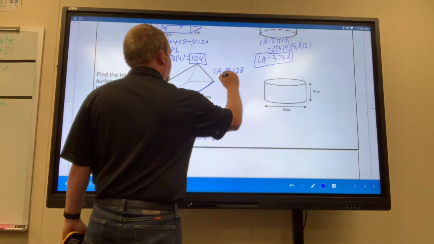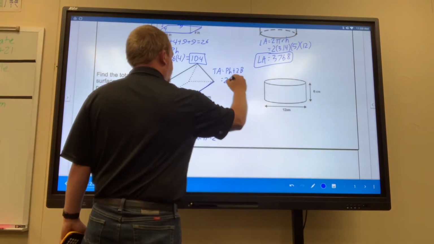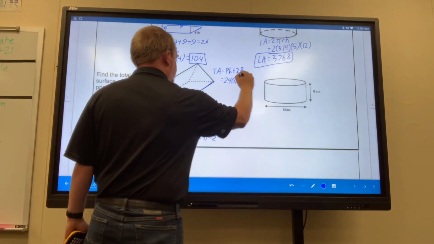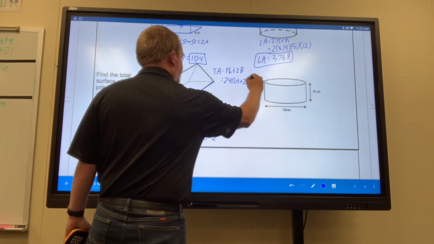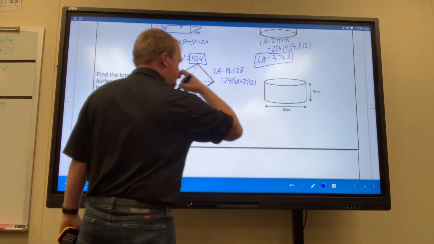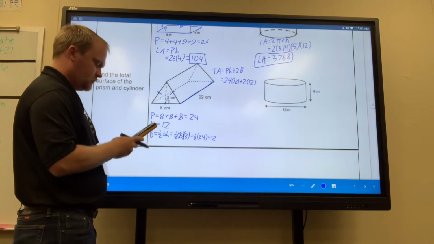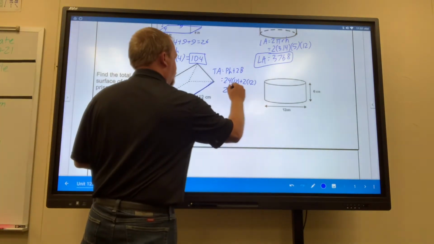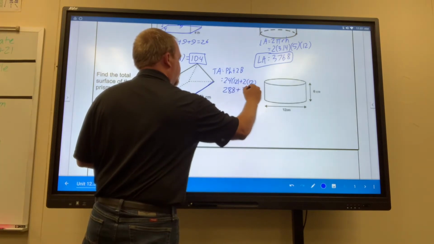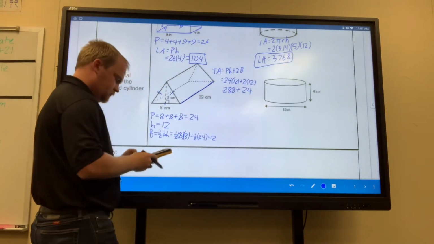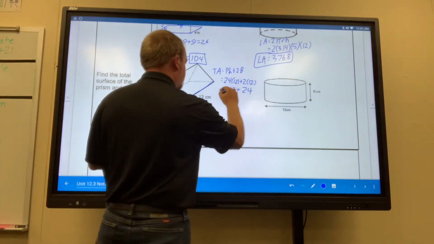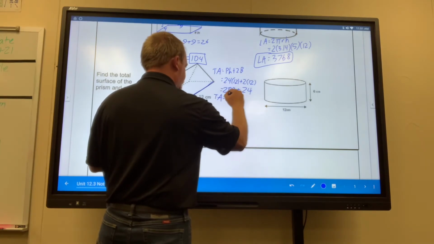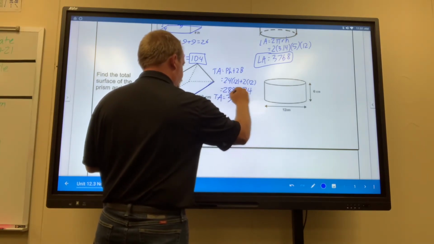So remember, perimeter is 24, h is 12, and the base area is 12. 24 times 12 gives me 288, plus 24. So the total surface area is 312.